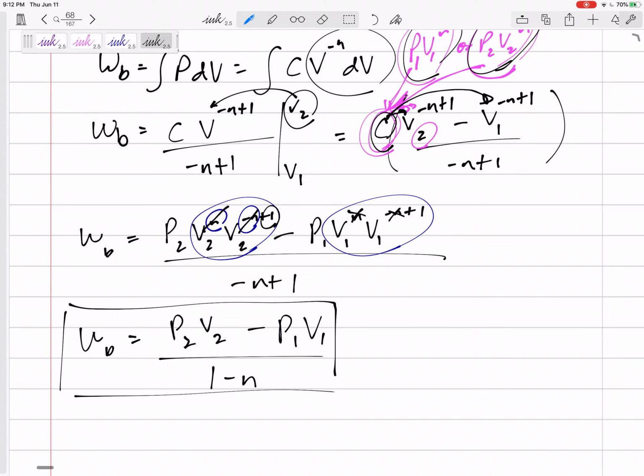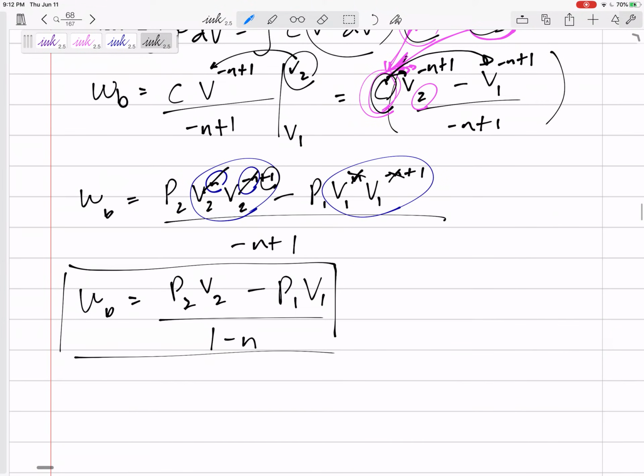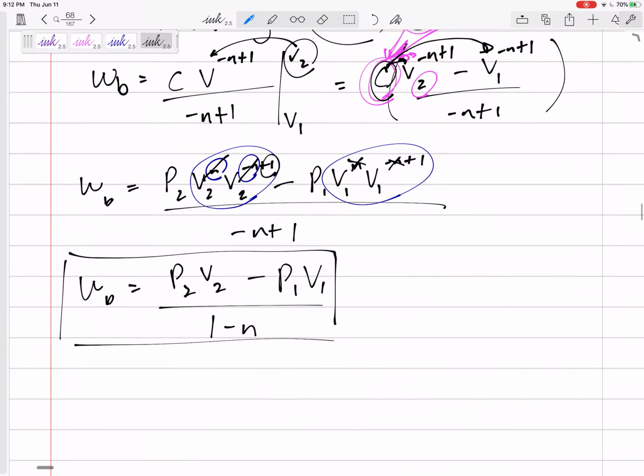And we have an equation for the boundary work, but don't use this for any old process. Use this for a polytropic process where PV to the N is constant. That N shows up in our denominator right here. Pretty cool. And so this, let's not use if N is equal to 1, right? If N is equal to 1, then this would be divided by 0.